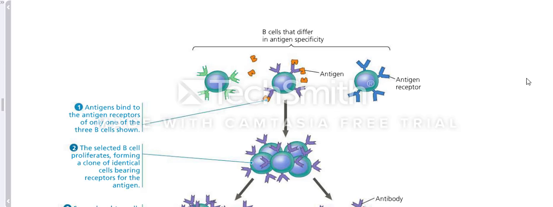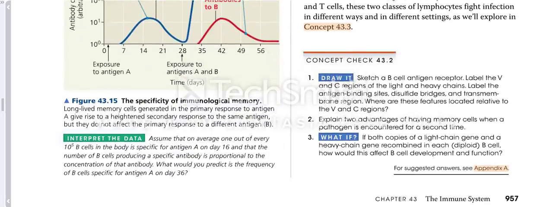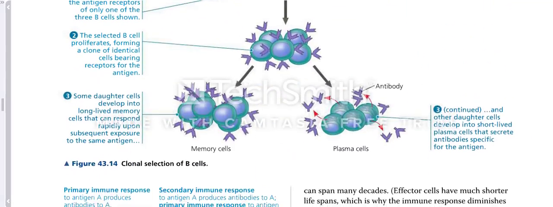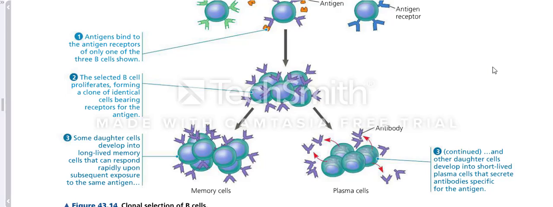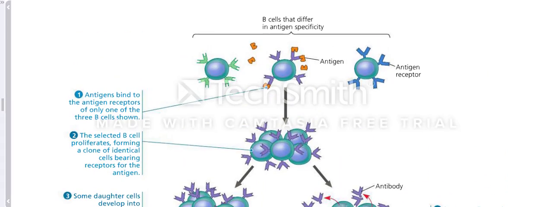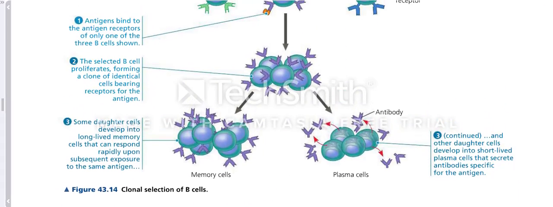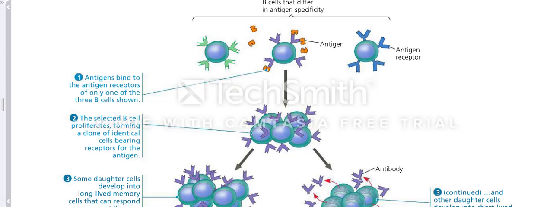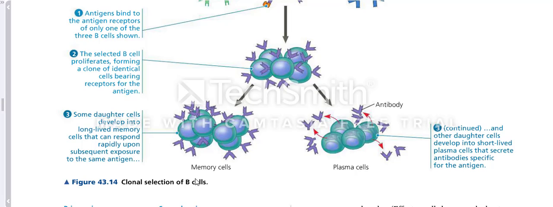And finally here, as we had said, we have figures 43.14 and 43.15. 43.14 up here is a depiction of clonal selection. You have different antigen specificity, the selected B cell proliferates, and daughter cells develop into separate categories, memory cells and plasma cells.